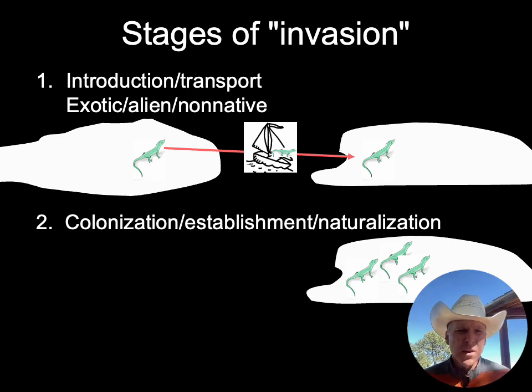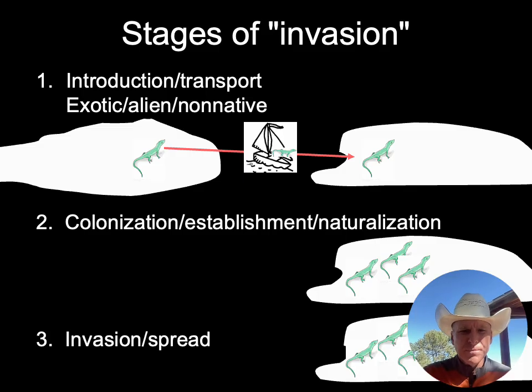So this step is sometimes called colonization, although that's sometimes applied to that first step as well. Establishment and naturalization are more common. So the process may be referred to as establishment or naturalization, and that population in the new place is then considered to be a naturalized species.